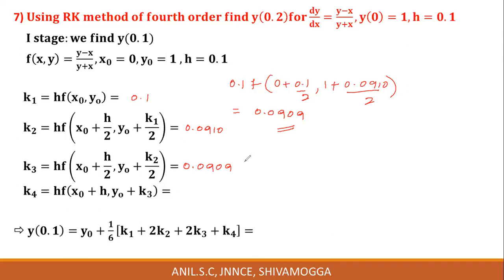Next, K4. K4 is given by h into f of x naught plus h comma y naught plus K3.